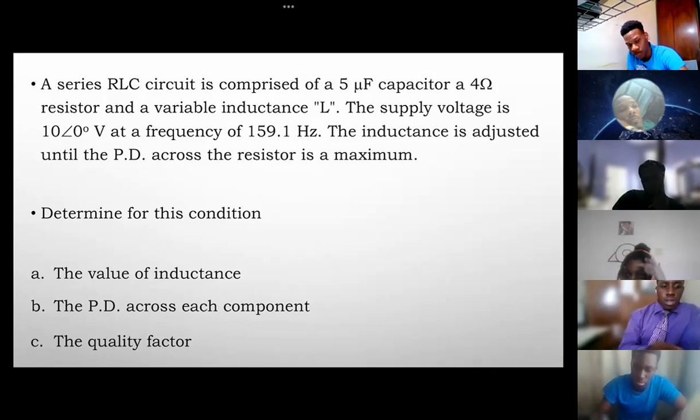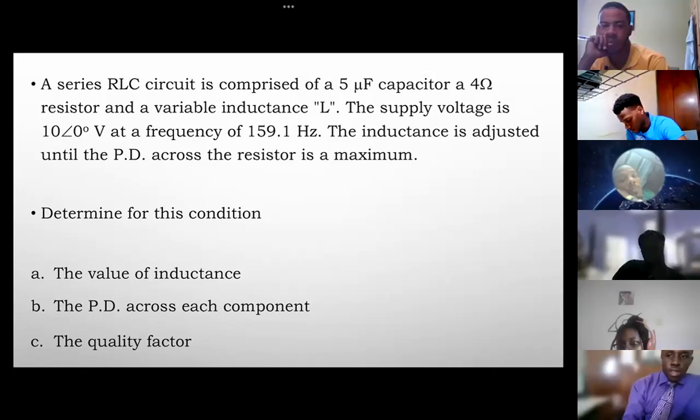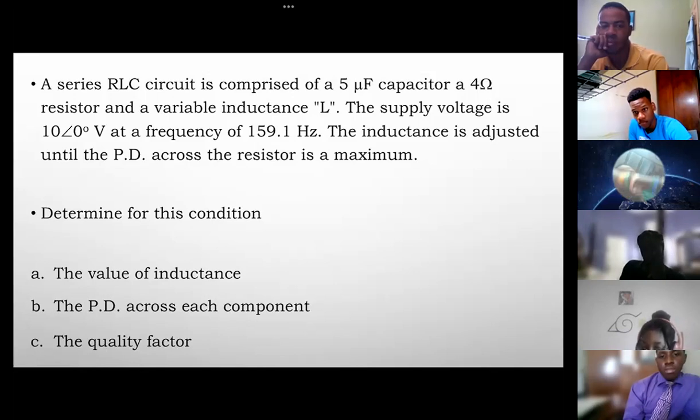Yeah, but if we put an AC voltage in a circuit, that doesn't mean it will resonate. All right, Mr. Alexander, you have your hand up. Sir, can you hear me? Yeah, go ahead. Okay, sir. Because it says the inductance is adjusted until the PD across the resistance is at maximum.